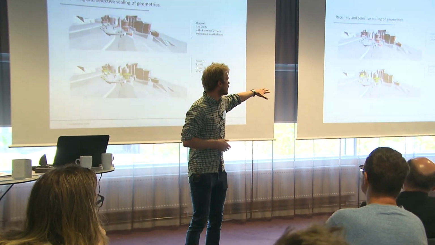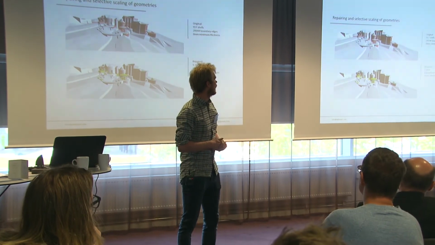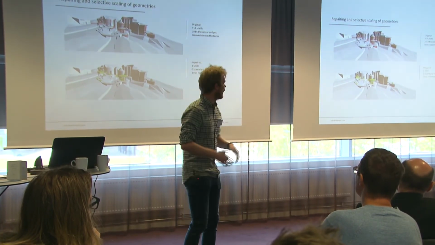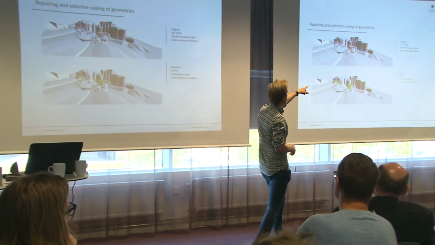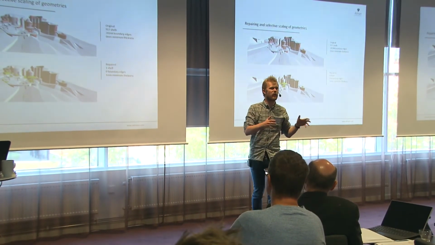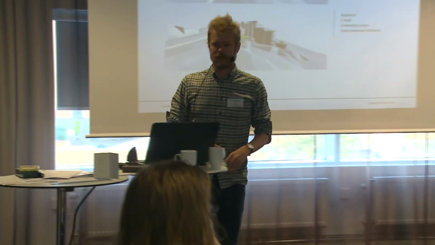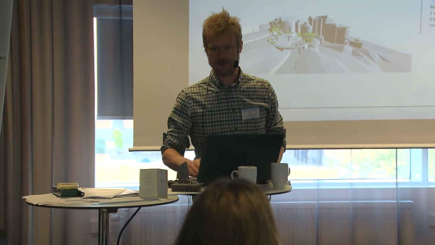And then we connect them into one shell and clean up all the boundary edges. And then when we scale it down, a lot of these features are going to be too small for the printers, so we selectively scale up just the small parts to the minimum feature size of the machine. So that's another thing we do.